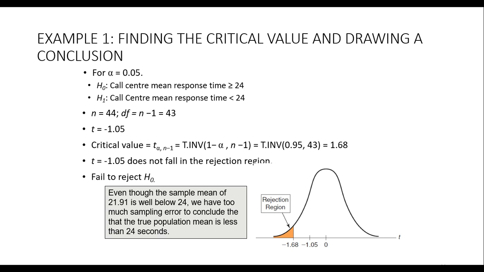So alpha, the level of significance, the type 1 error they are looking at, is 5%. To test this null hypothesis, we took a sample of 44 calls. So the degree of freedom is n minus 1, which is 43.